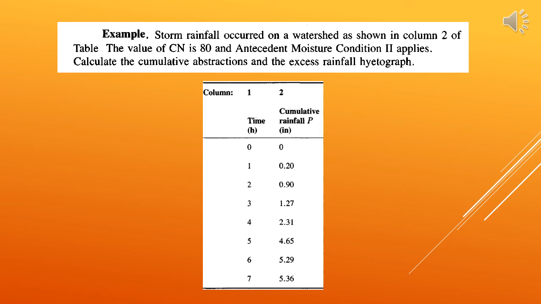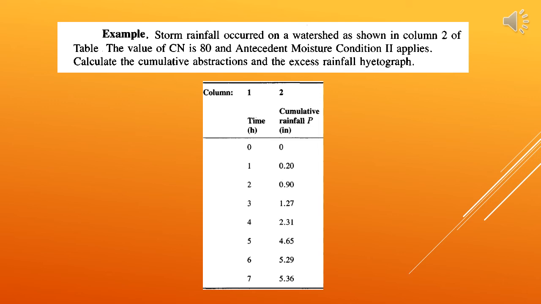A storm rainfall occurred on a watershed as shown in column 2 of this table. The curve number is 80 and AMC2 applies. Calculate the cumulative abstractions and the excess rainfall hyetograph. As you see in the table, time is given in hours, with the cumulative rainfall, which is precipitation in inches.